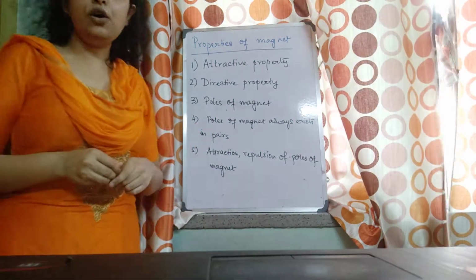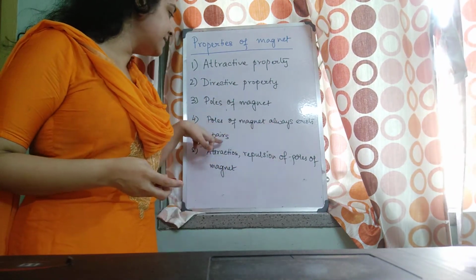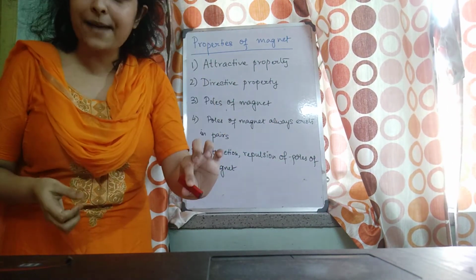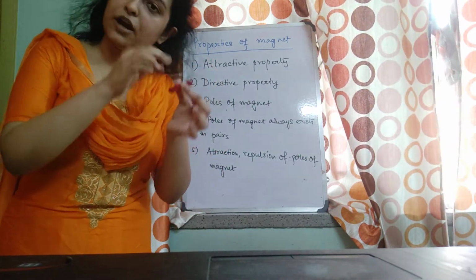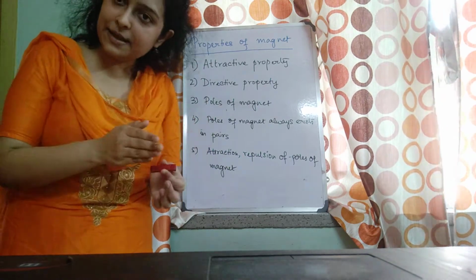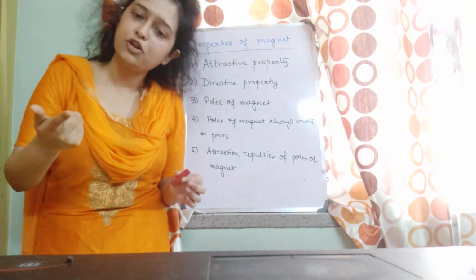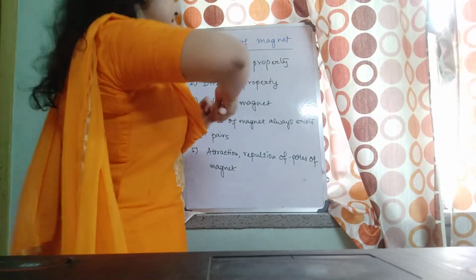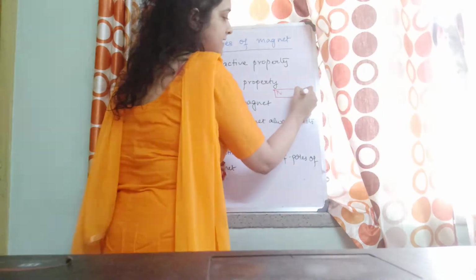Okay. So, next is that poles of a magnet always exist in pairs. If I break the magnet, it's not that the magnet will lose one of its poles. The broken piece will have its own north pole and south pole. So, if this is a magnet, this is a north pole, this is a south pole.